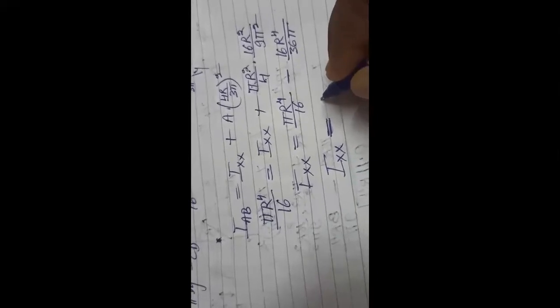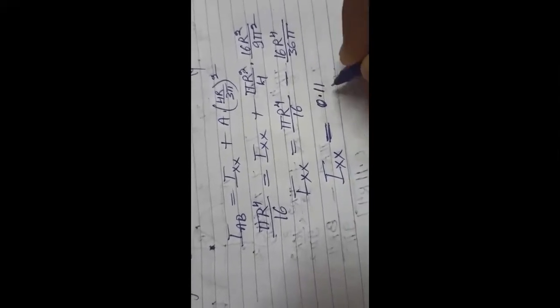So on solving, this will be equal to 0.11 r to the power 4 divided by 2.